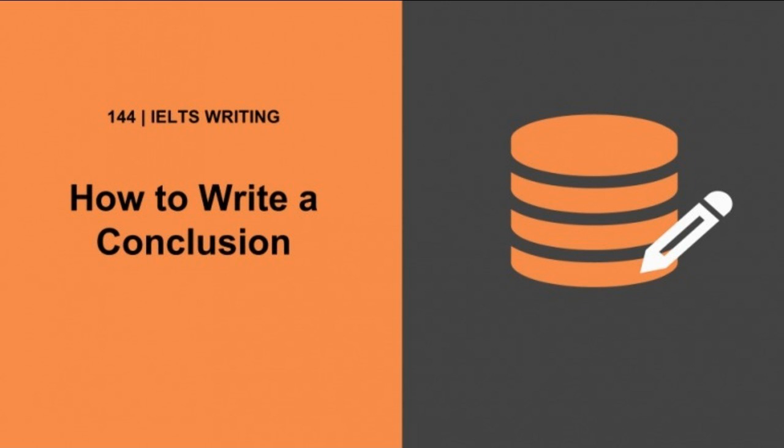Just try to remember that the idea of a conclusion comes from an academic report, and it's basically that you need to state what the reader did not know at the beginning when they started reading your writing.